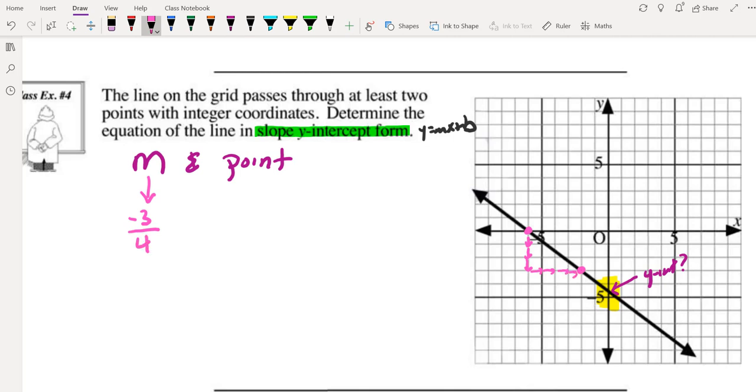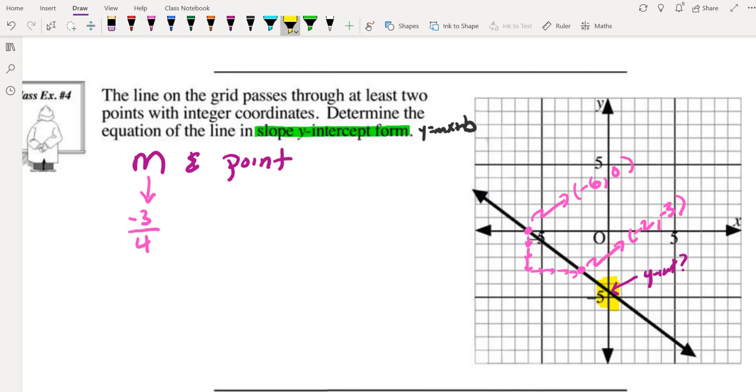For our point, we can use any point on the line, so might as well use some of the points that we're already using. This point here has an x value of -6 and a y value of 0. This point here has an x value of -2 and a y value of -3. Now you can use either one of those 2 points.